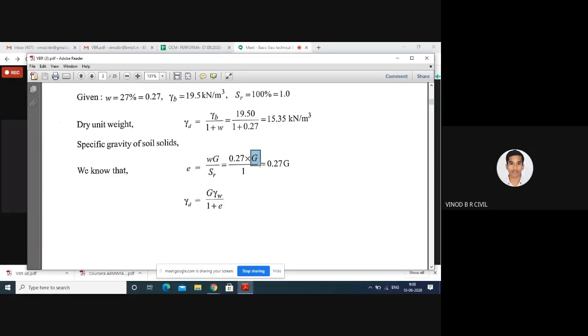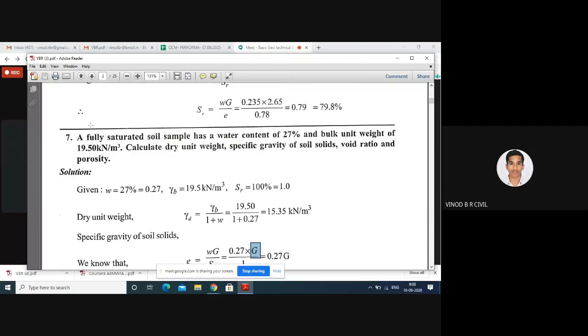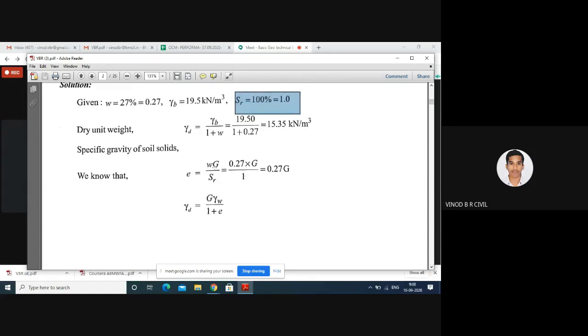For degree of saturation, the problem clearly mentions fully saturated soil, which means degree of saturation is 1. Now e is equal to 0.27 G.